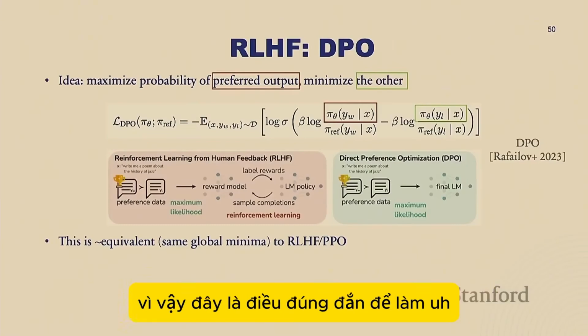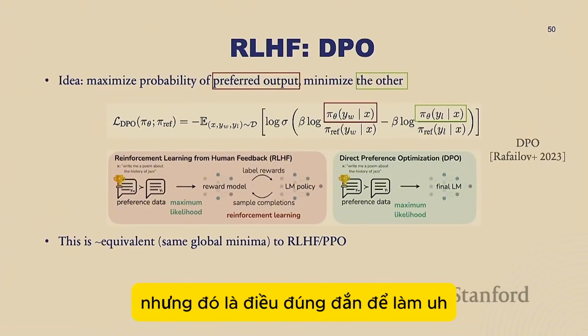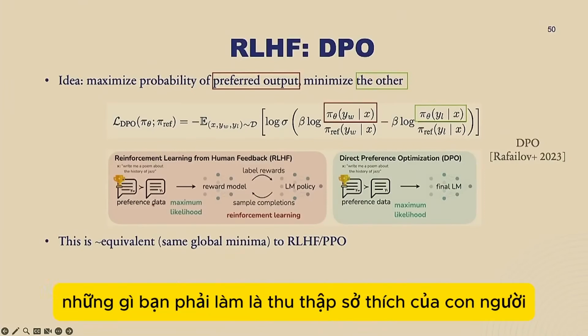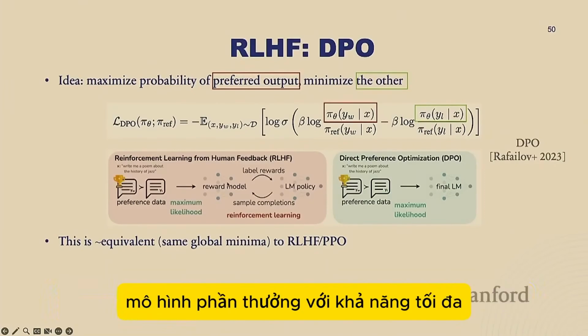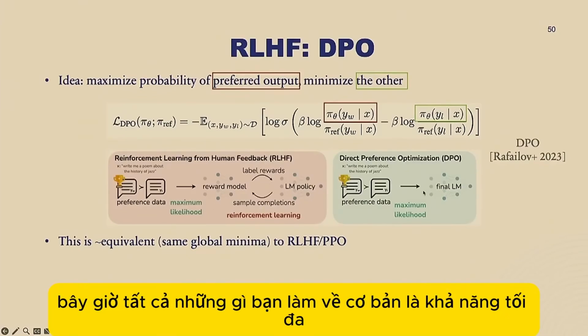So this is the right thing to do mathematically. I'm not going to go through the derivations, but that's the right thing to do. It's pretty different from PPO, where you had to collect the human preferences, then train a reward model with maximum likelihood, then use reinforcement learning. Now all you do is basically maximum likelihood.